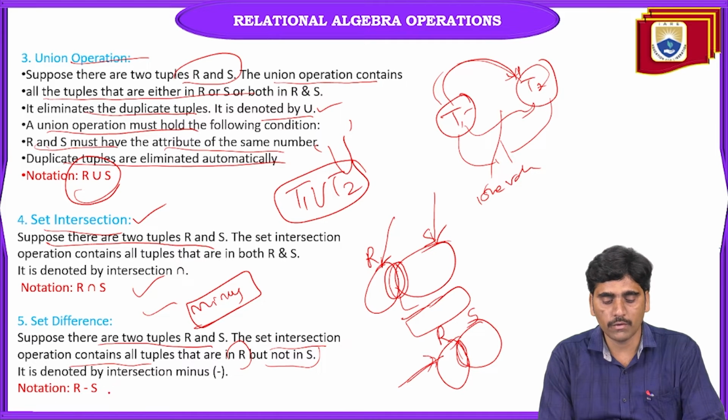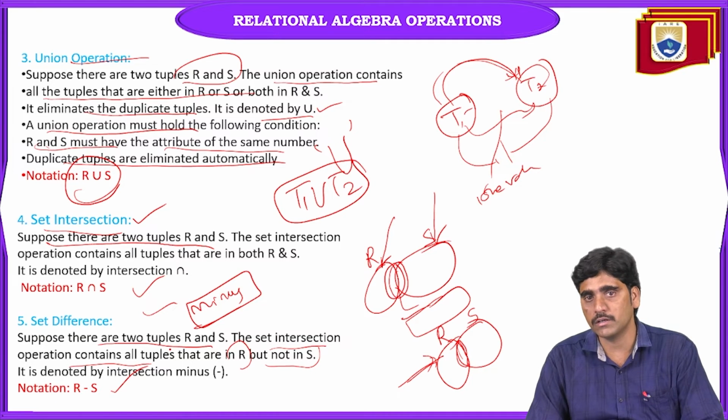So it is denoted by R minus S. That is the way you can see these operators.